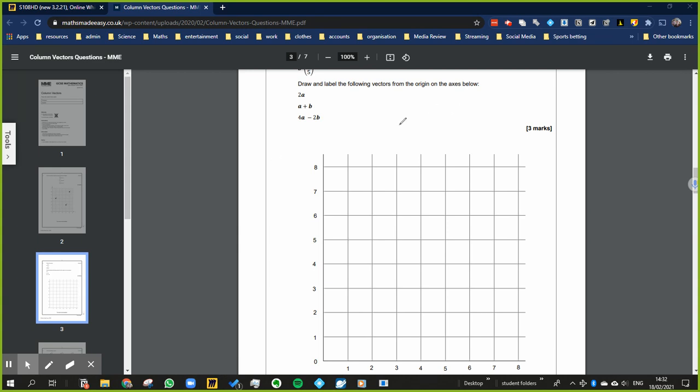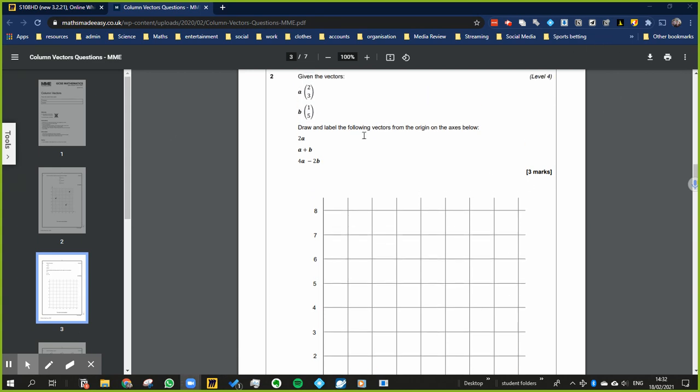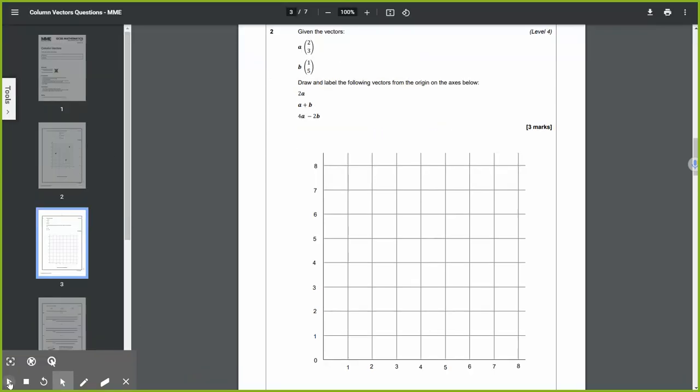Let's do it the column way first. So I'll just scroll up again for a moment. Maybe if I use F11. Okay, cool. So I've got a bit more space now. So 2a is just going to be 2 times 2 and then 2 times 3. So 2a is going to be 4, 6.